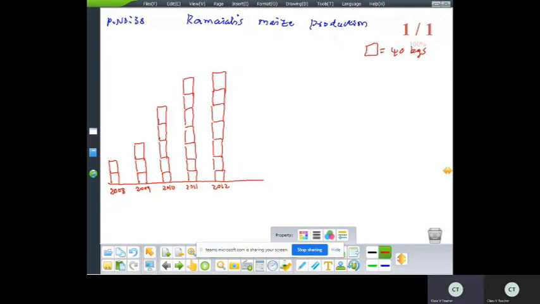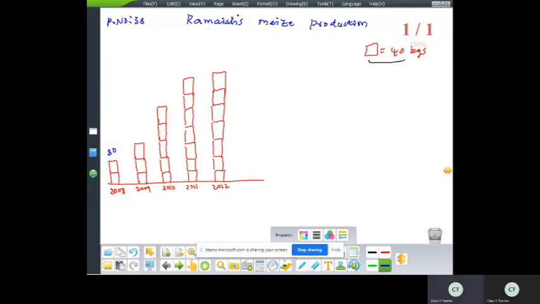First, we find the values. In 2008, 2 boxes are there. What is the value of every box? 40. Yes. 2 boxes, 2 40s, 80 kg.